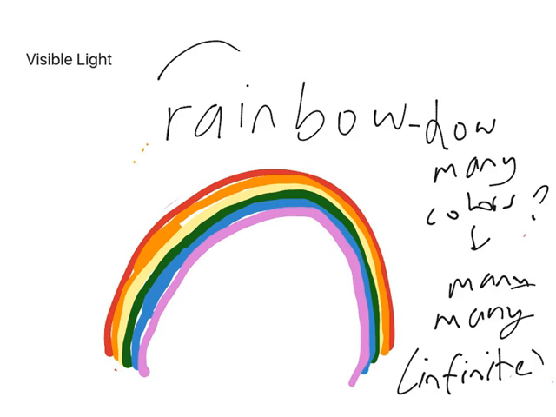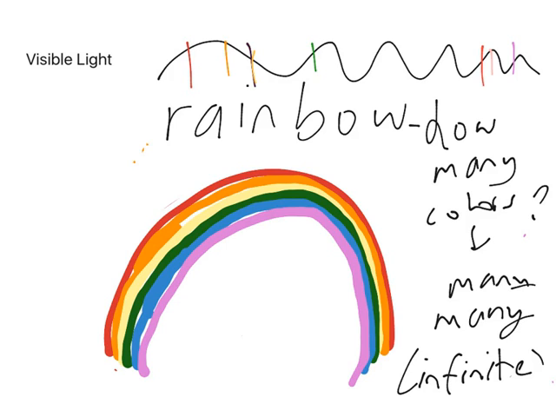Because if we look at the color spectrum, here's a color, here's a color, here's a color, here's a color. You know, there are many different colors. So there are many different colors to the rainbow.